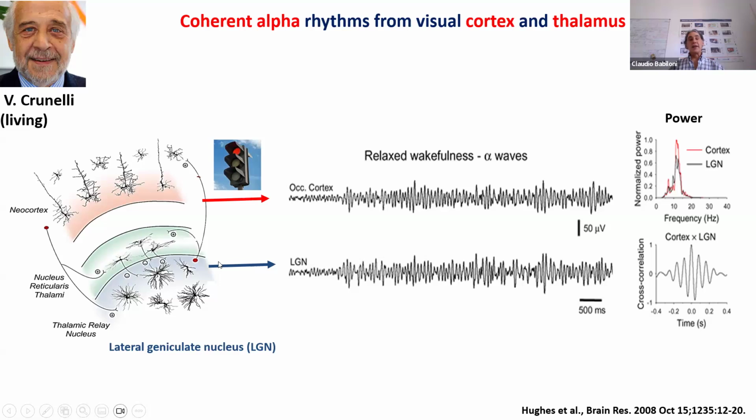And so Vincenzo Crunelli's group was able to demonstrate the connectivity between the cortical pyramidal neurons and the thalamic nuclei, the release of neurotransmitters, and the relation between this connectivity and the generation of local field potentials at the frequency of alpha rhythms, alpha waves.